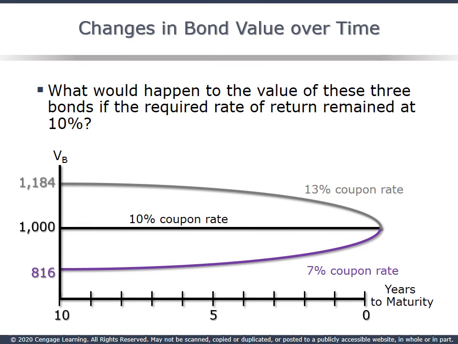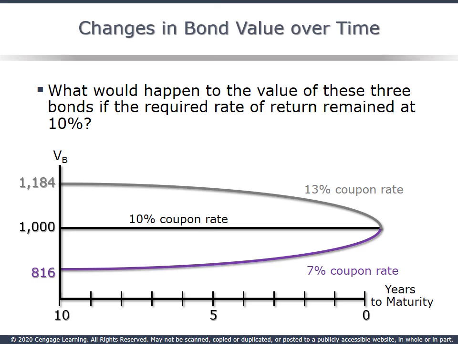Here's an interesting observation. Bond values change over time. But as each year ticks off the clock, those prices get closer and closer to par value, regardless if a bond starts off being sold at par or at a premium or at a discount.